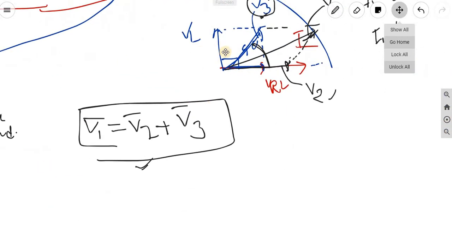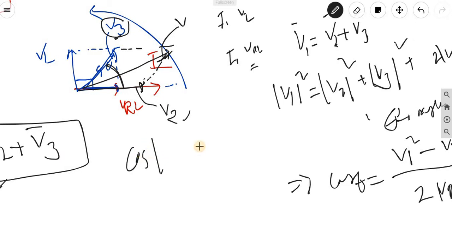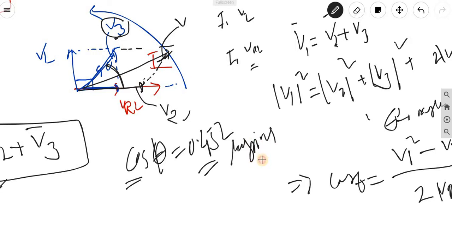So the power factor of the load would be cos phi of that angle, which is cos theta. As we know, cos theta is 0.45, and since the current is lagging, that is a lagging power factor.